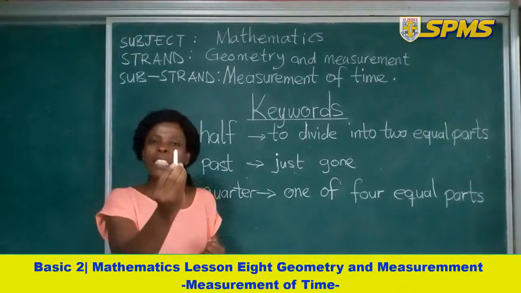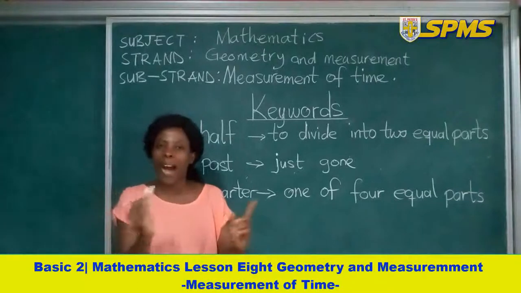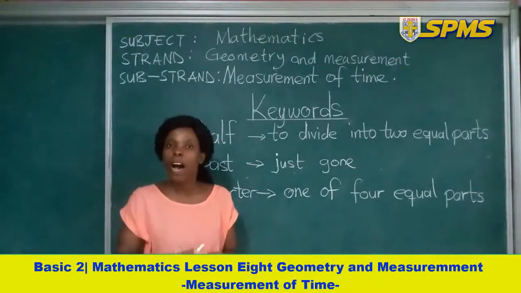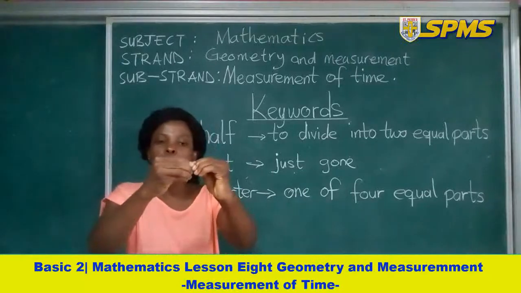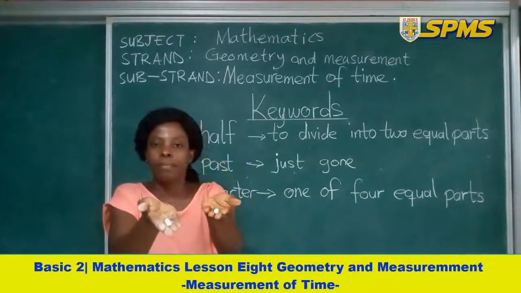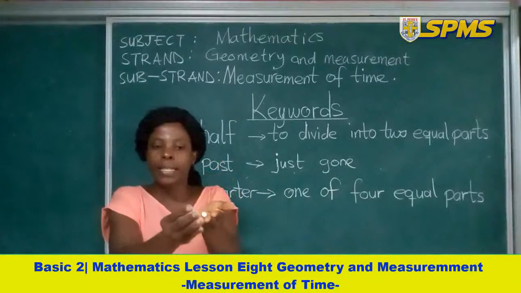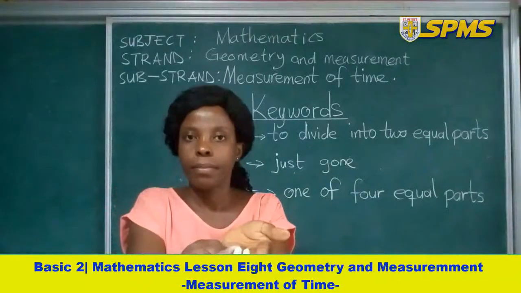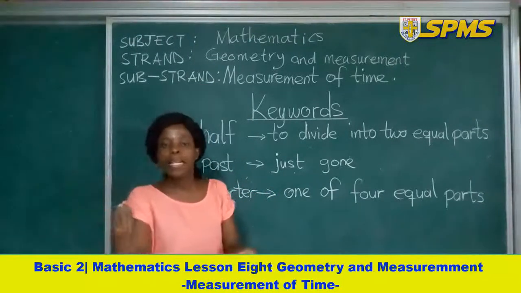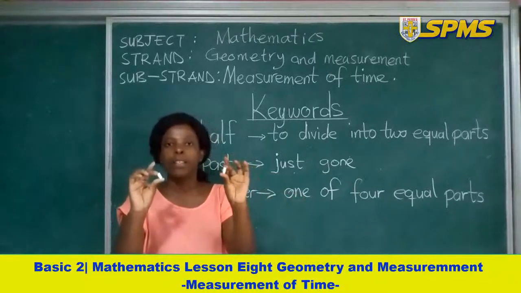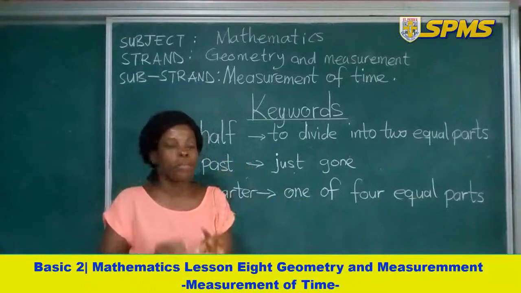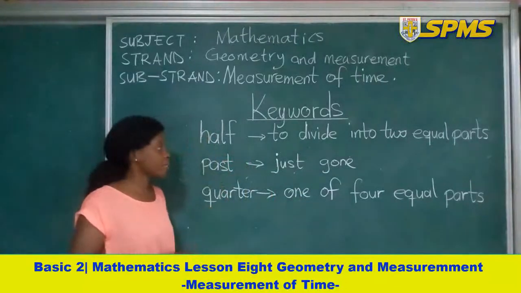The moment I divide it into two equal parts, I'm going to have halves. So I'm going to divide the chalk into two equal parts. So one part is half, the other part is half. So how many halves do I have here? Two halves. Good.